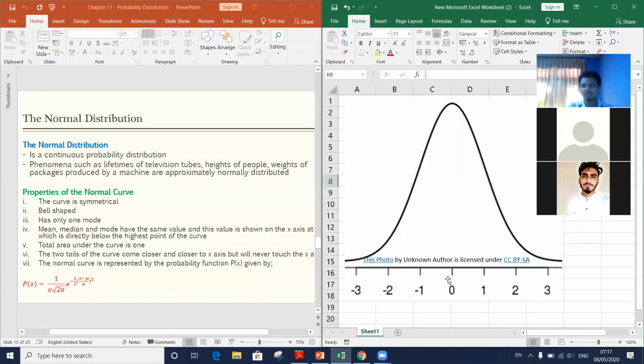When we discussed skewness also, we came across this, right? When mean, median, mode are equal, it means it is a normal distribution, right? Right. This is the most important thing.